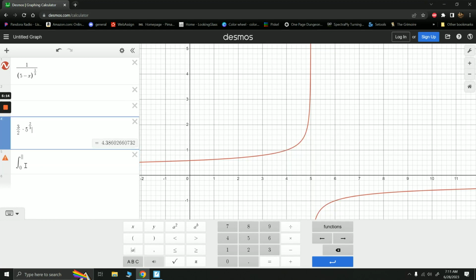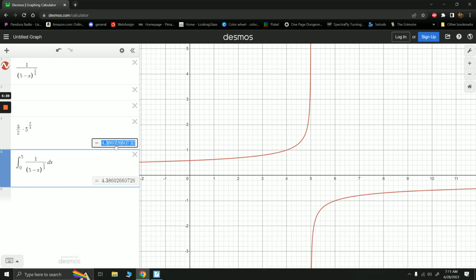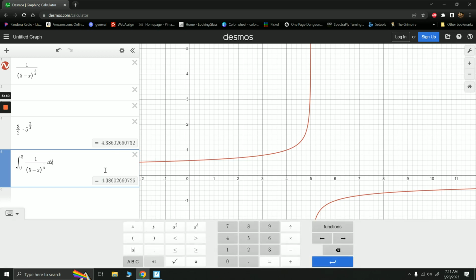I just want to point out that if we plug in the integral from 0 to 5 of 1 over (5 minus x) to the 1/3 dx, we will get the same value here. So notice that Desmos can actually do improper integrals as well, within reason. I don't know if it can do all of the improper integrals, but it generally works.